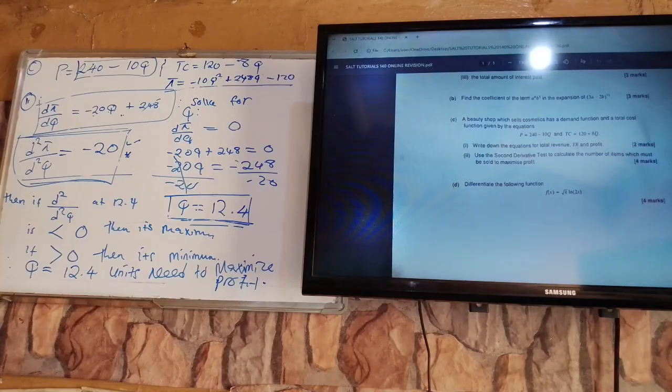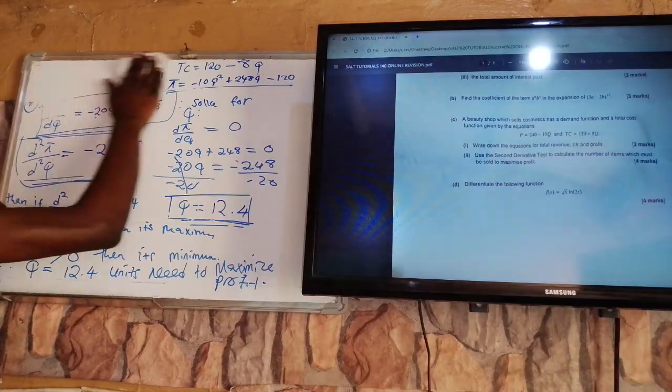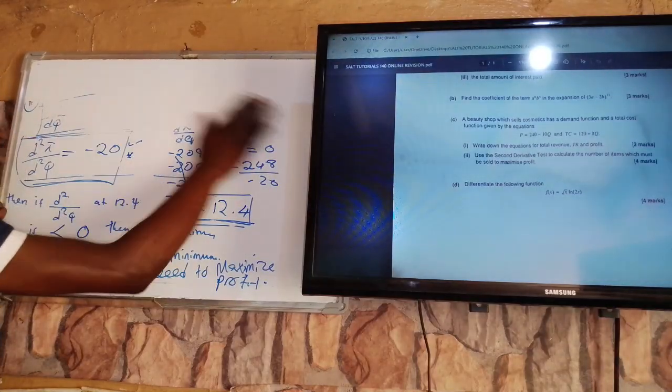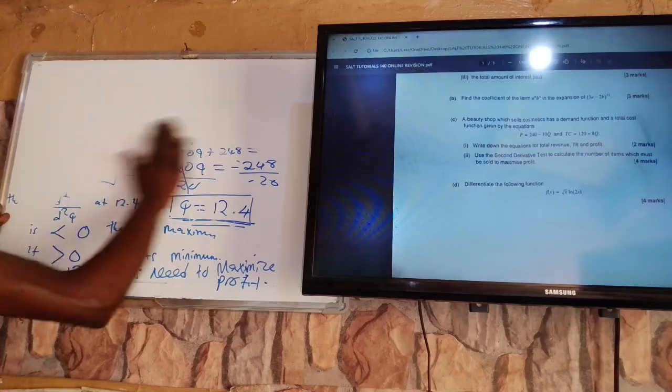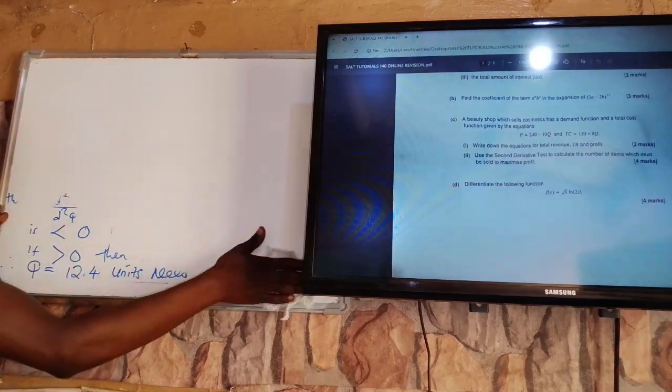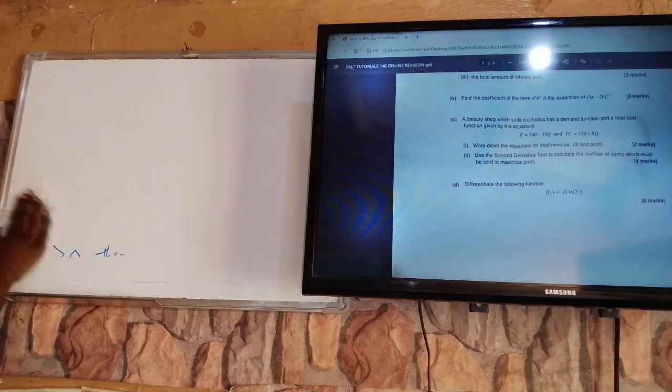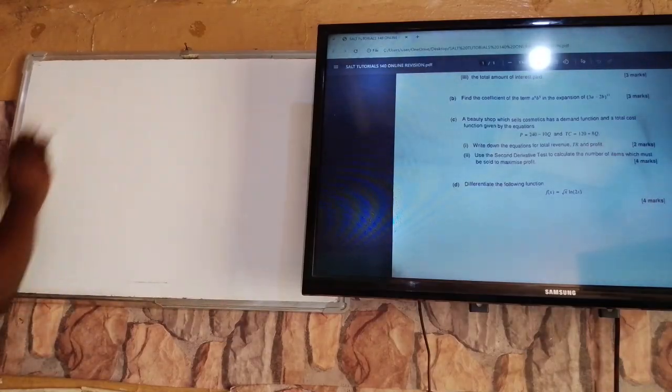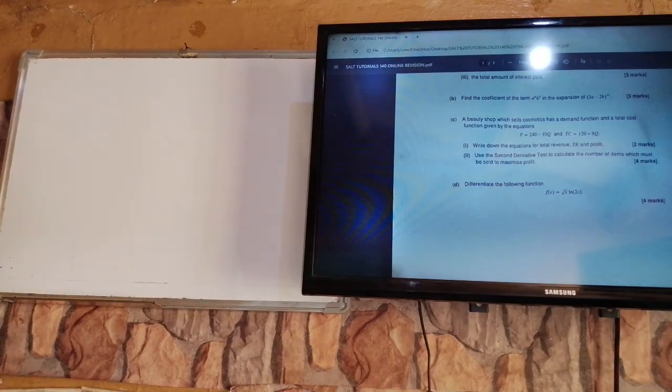We are okay? Now let's look at the last part, question D. So question D says differentiate.